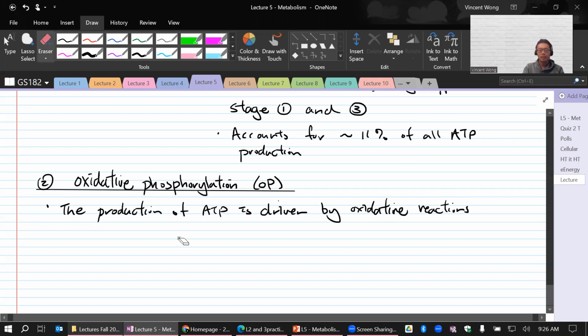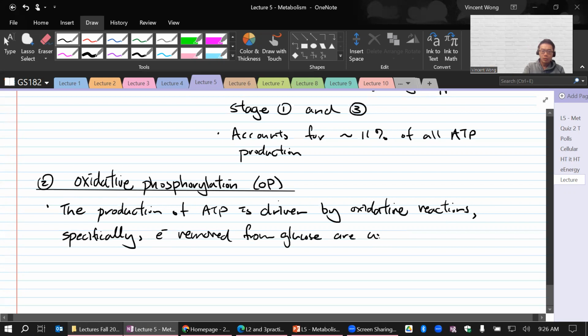Specifically, electrons removed from glucose are used to produce ATP.